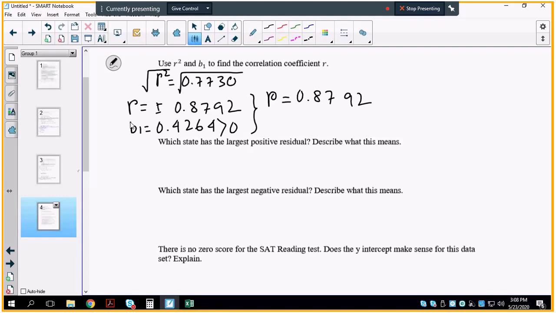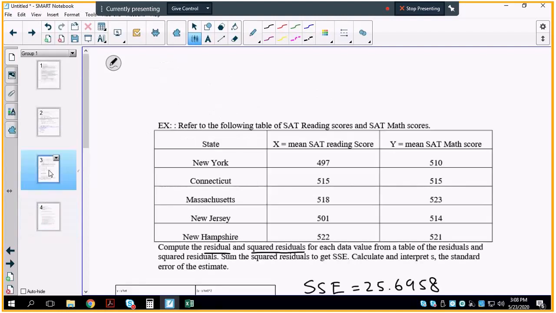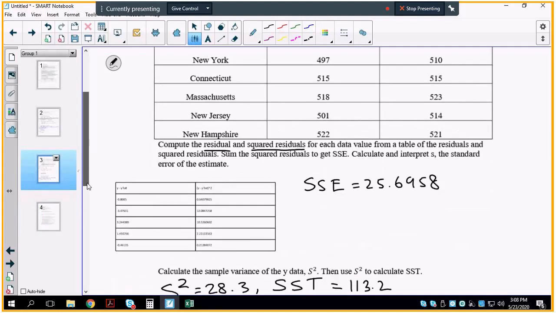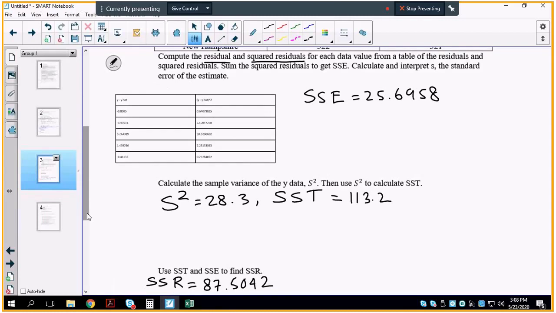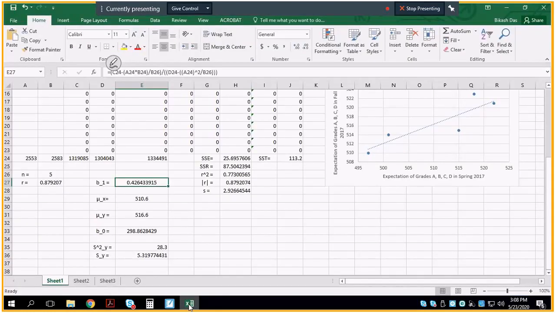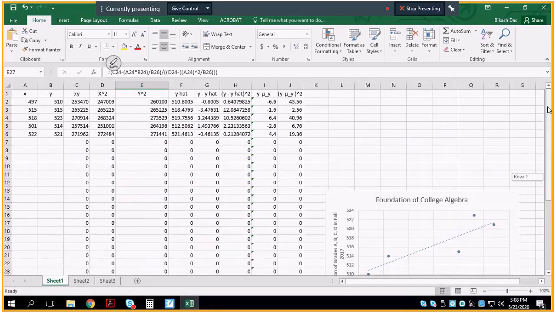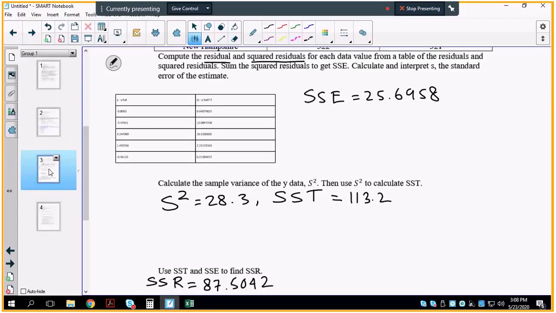Which state has the largest positive residual? Describe what this means. So let's go to our residual chart and find the largest positive number in there. In this Excel spreadsheet, the largest positive residual is this one, the third state. So I need to know which one is the third state in this discussion.